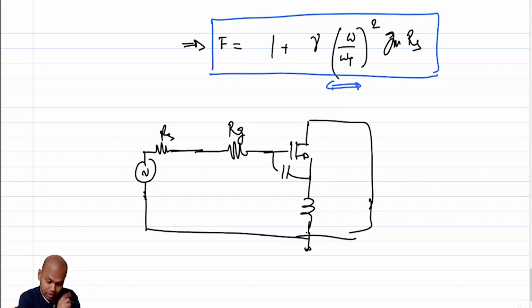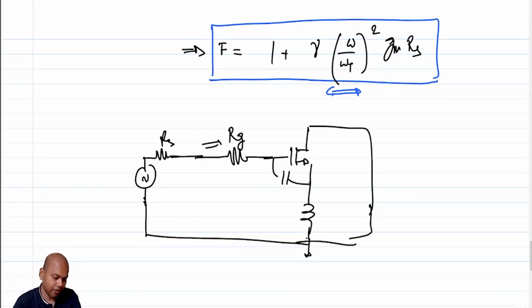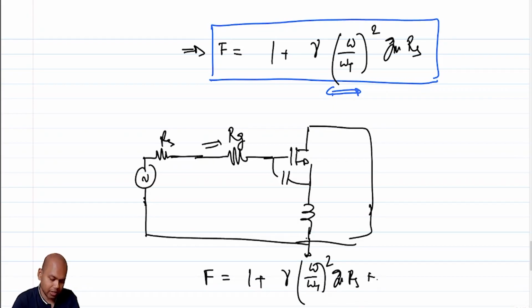So if I have an Rg in series with Rs, how will the noise factor get affected? We'll do the same calculations again, and the transfer function due to Rg and the transfer function due to Rs are identical. So essentially whatever f I get, I'm going to get that f plus an additional term, right? So the effective noise figure is 1 plus gamma omega by omega t whole square times Gm times Rs, plus an additional term.